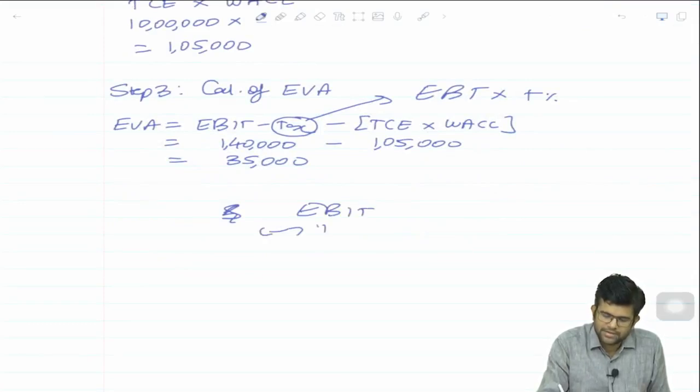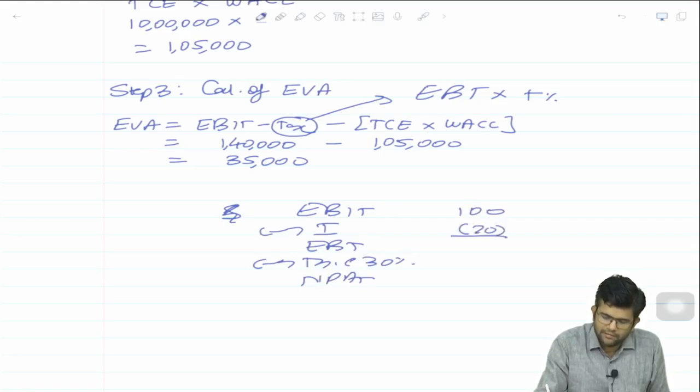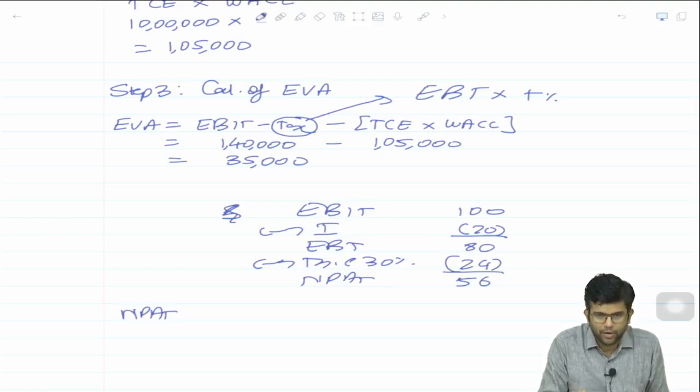EBIT minus interest gives EBT, minus tax at the rate of 30% gives NPAT. So 100 minus 20 gives 80. 80 into 30% is 24, and this gives 56, correct? So NPAT is the proper profit after proper tax.